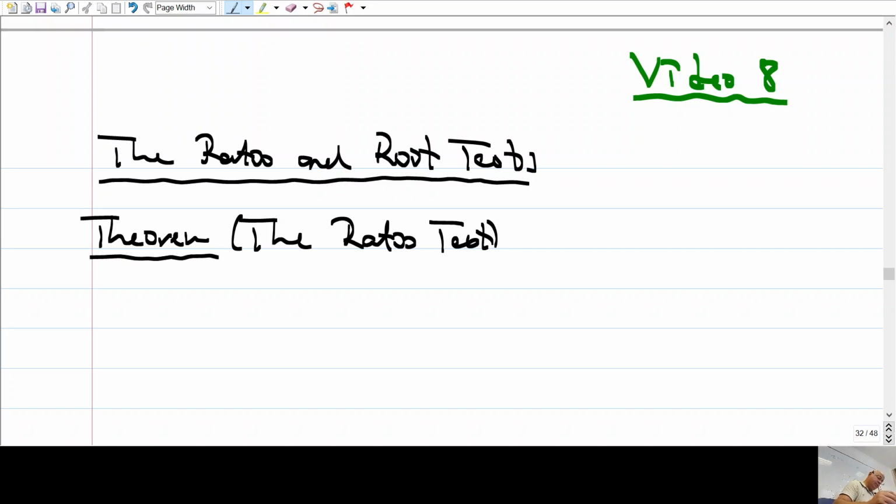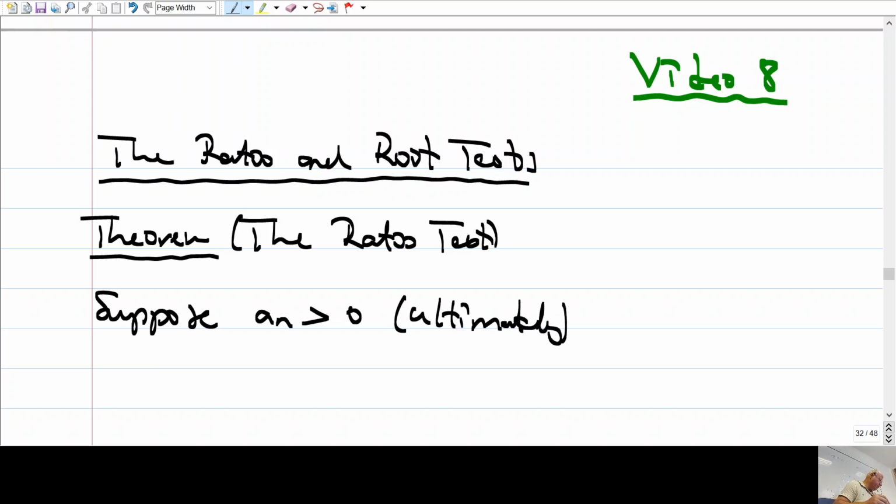Here is the statement. Suppose a_n is positive ultimately. So the first terms could be 0 or negative, but after some point on, we want all the terms to be positive.